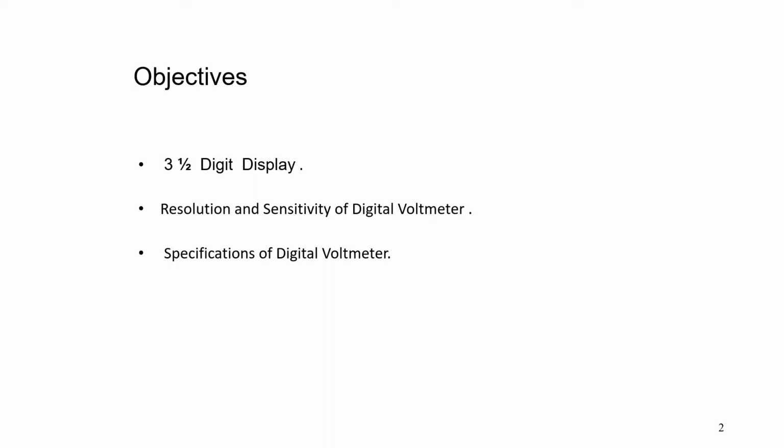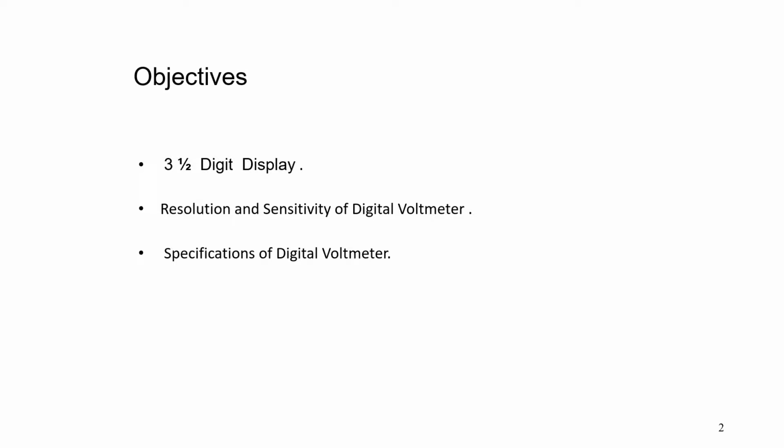A numerical readout is advantageous because it reduces human error, it eliminates parallax error, it increases the reading speed, and often provides output in digital form suitable for further processing and recording.